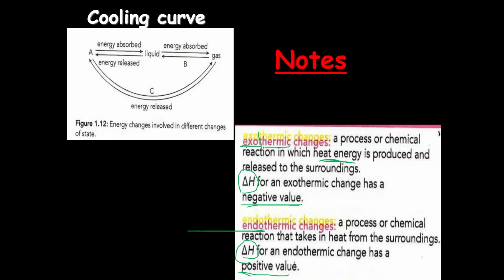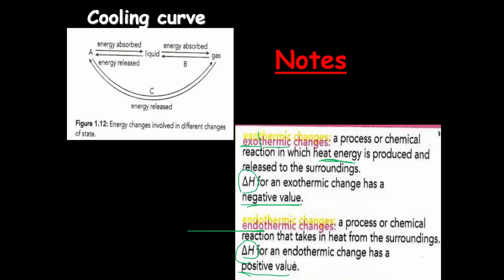The simple idea is that all particles are moving, but the way they move and the freedom of movement will decide what type of matter it is. If the particles are vibrating in their position and do not move freely and have very short intermolecular spaces, this is the solid state.